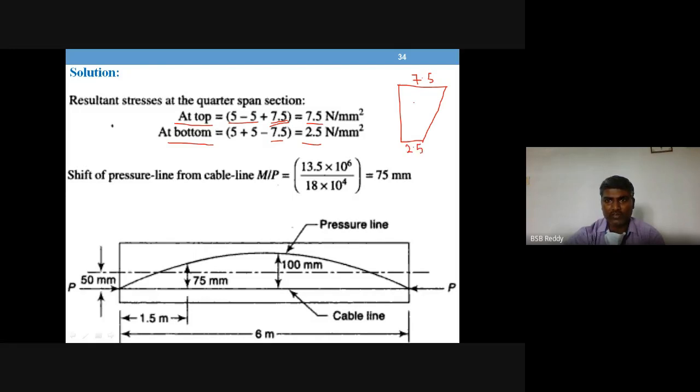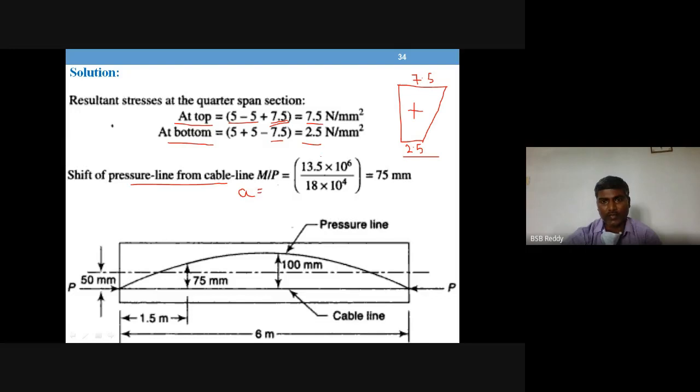Finally, it is overall compression, 10 minus 7.5, so total compression. As you move to the center, bottom stress has become 0, top stress has become 10.